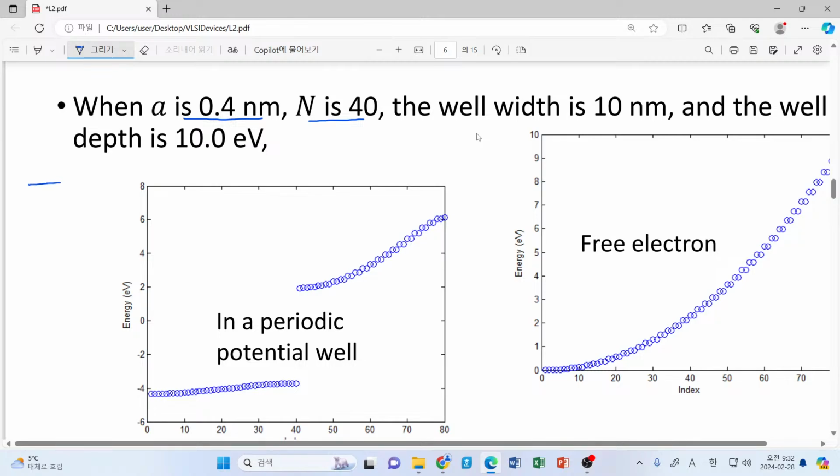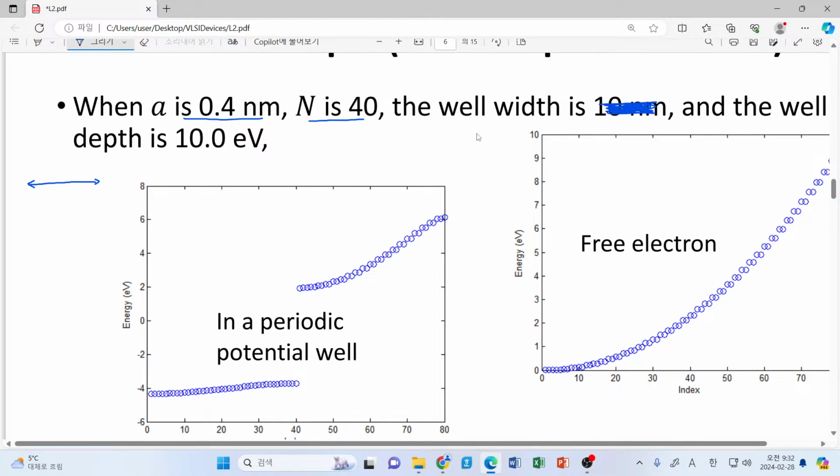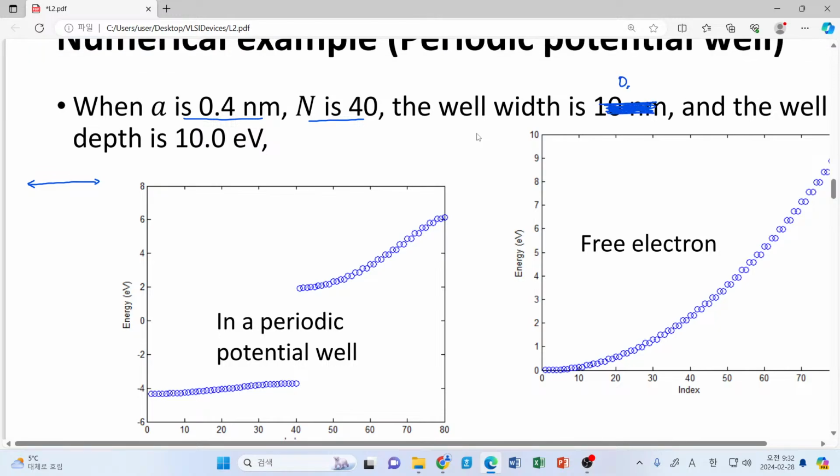However, I have introduced a 10 nanometer long potential well. Please note that. Sorry about that, the well width is not 10 nanometer. This is a serious mistake. I just introduced 0.1 nanometer.